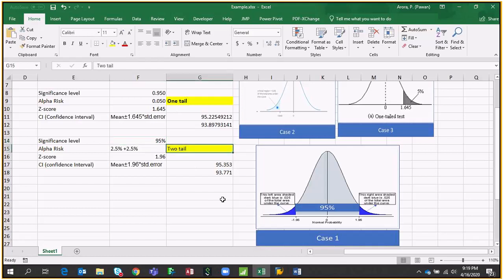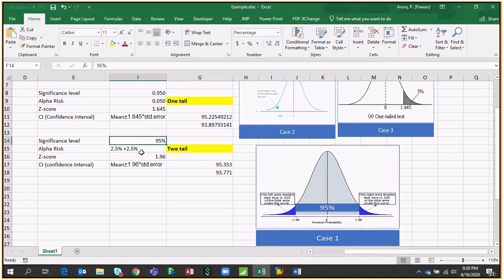In the two tail case, we say our average is not equal to the hypothesized value. Not equal means it can be higher or it can be lower. That's why we have two tails. One tail is here, one tail is here. But our significance level is 95%, which is 0.95, and the alpha risk is 5%.